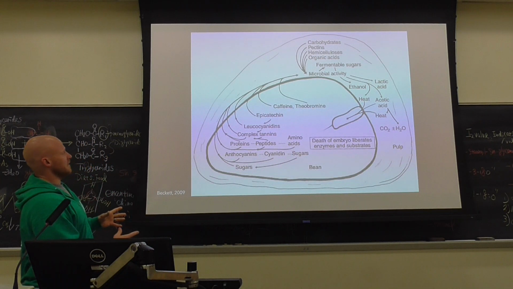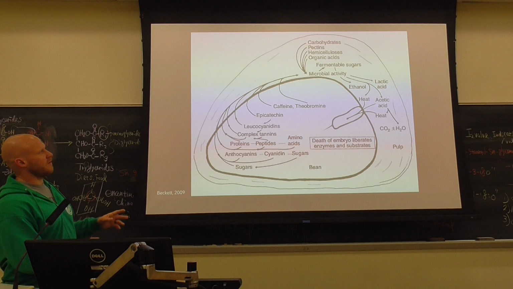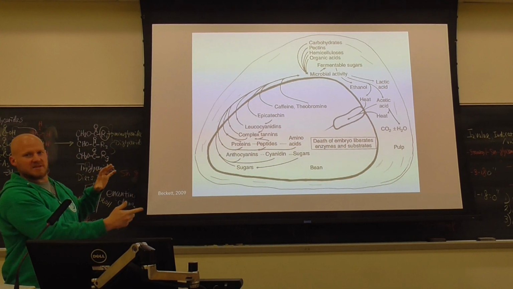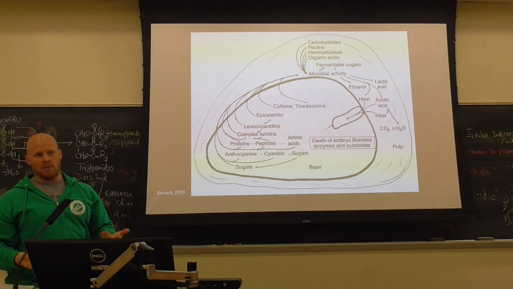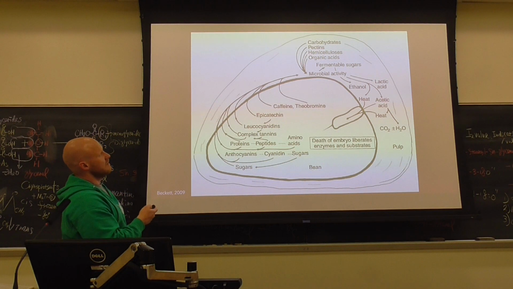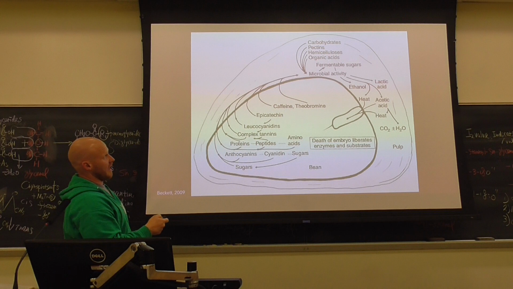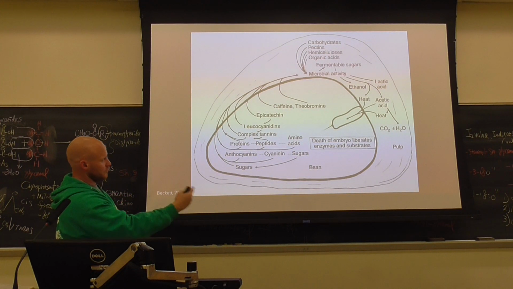And so I really like this picture. It kind of doesn't make sense unless you walk through everything, but it's a great picture of what's happening from fermentation to roasting to almost grinding. So we start with carbohydrates, hemicelluloses, which is the pulp, and organic acids, which form from the fermentation of the sugars.